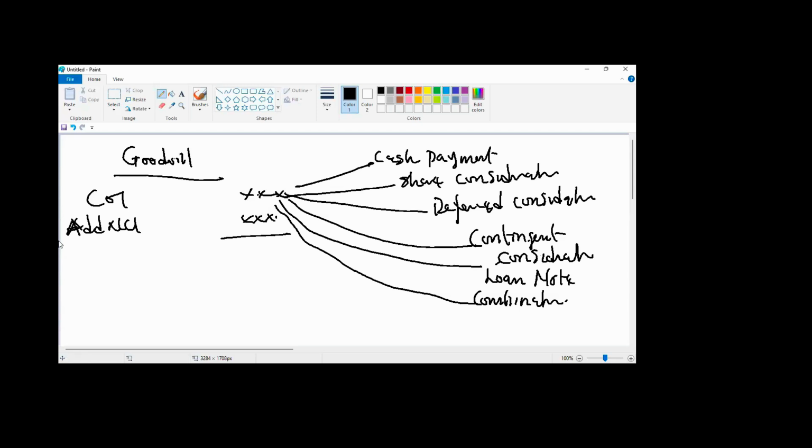Then this will give me the purchase consideration. Then I will now less the net assets. This will give me goodwill.